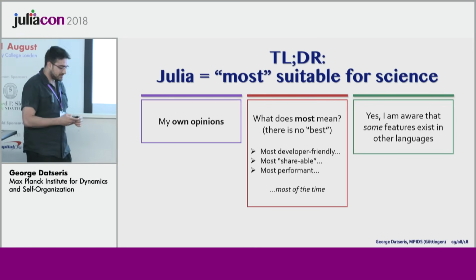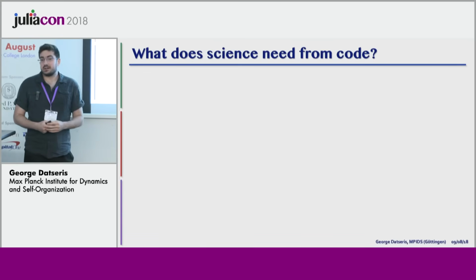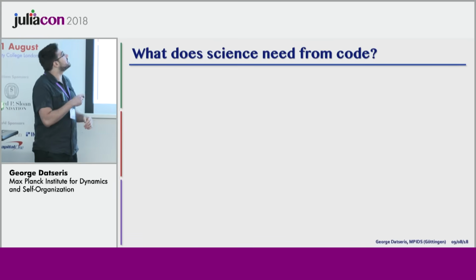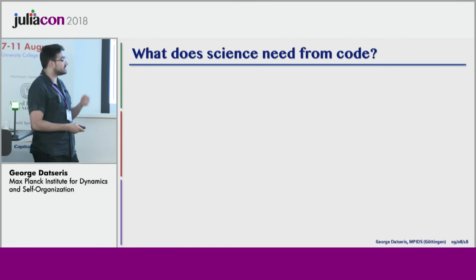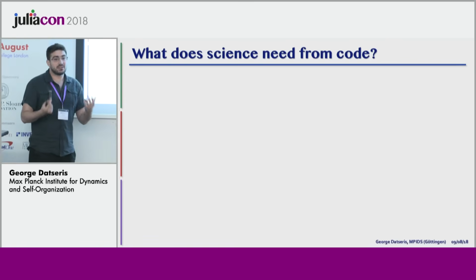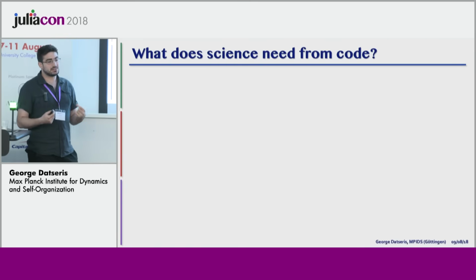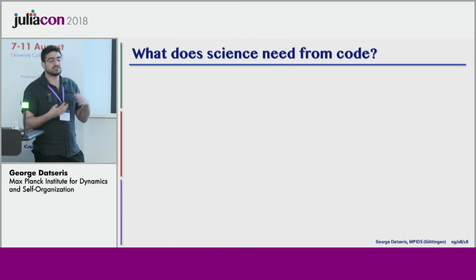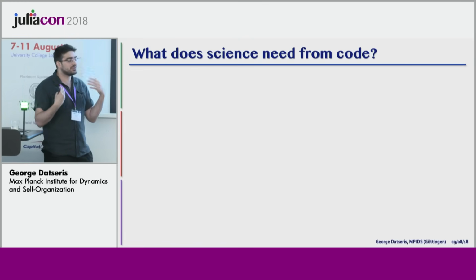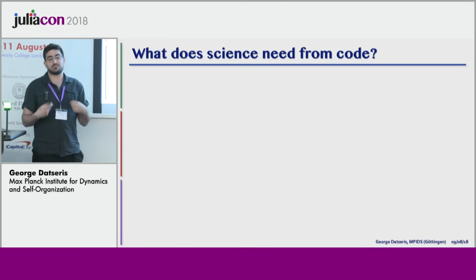So, to start, here is a question. What does science need from a programming language? When I'm given a question I want to answer using computers, these are the steps I will do. First, I have to think about how I can possibly answer this question using a programming language.